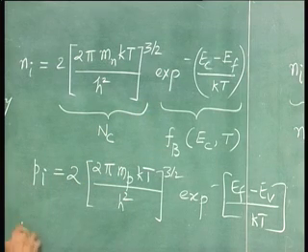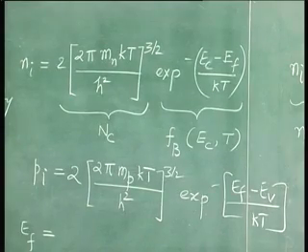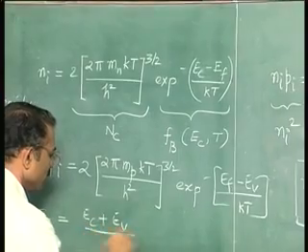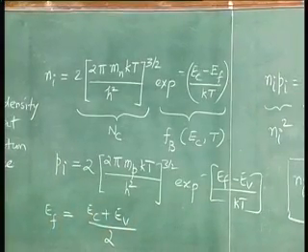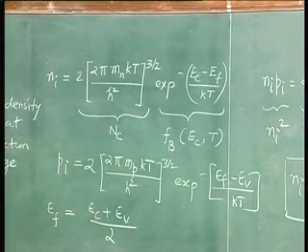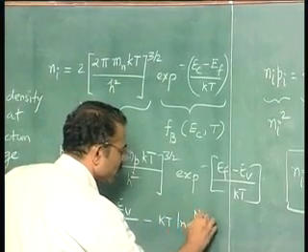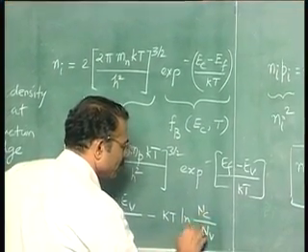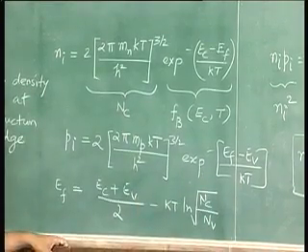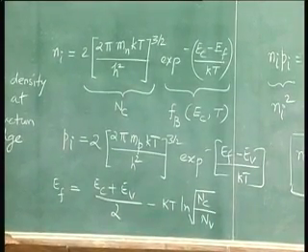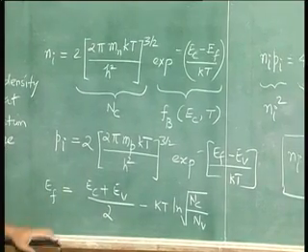You can do the derivation yourself, I will write down the result: EF is equal to EC plus EV by 2, that is the middle of the energy gap, minus kT into ln of square root of Nc by Nv. That is the location of EF.